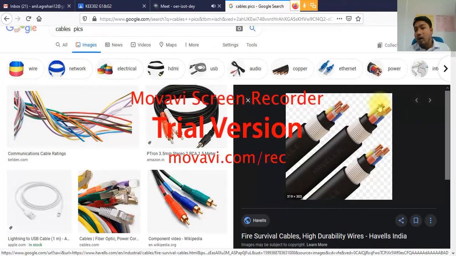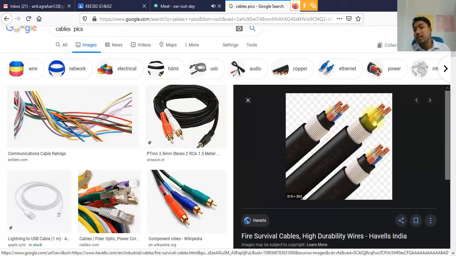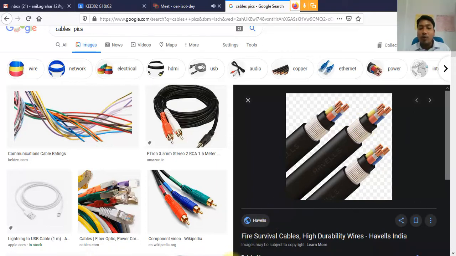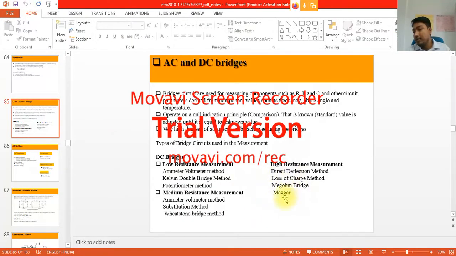Generally all these conductors are bound in a single material, and this material provides high insulation between the conductors. To measure that insulation we follow these rules.